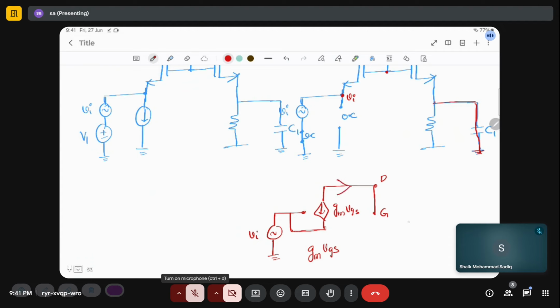Where will this current flow? Let us say the current is zero, coming from this path. Where will this go?